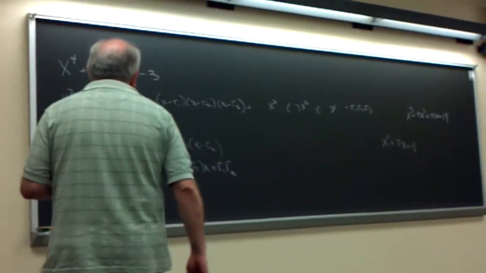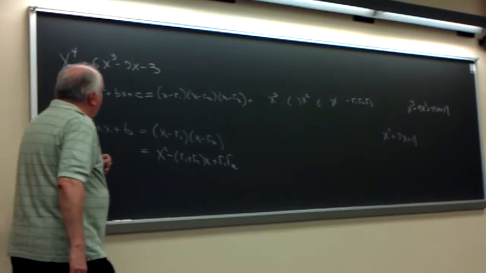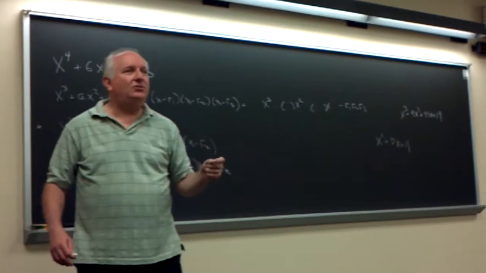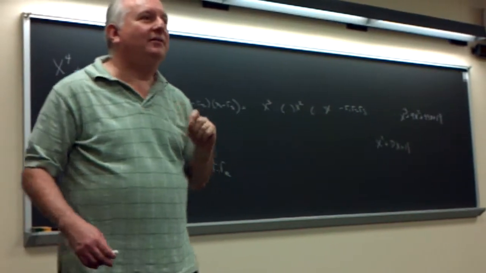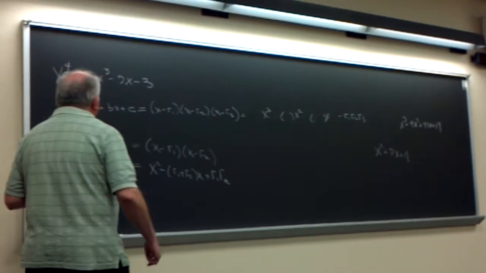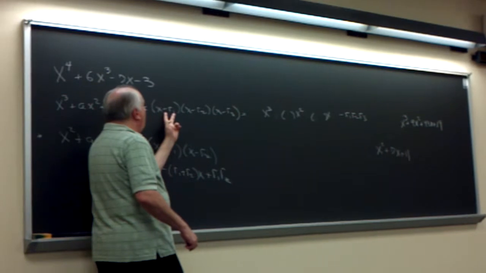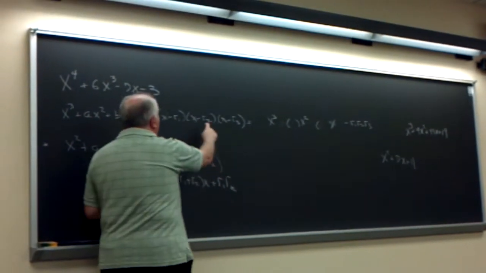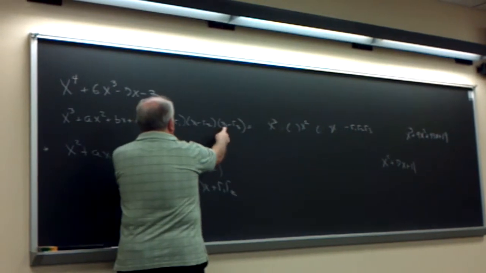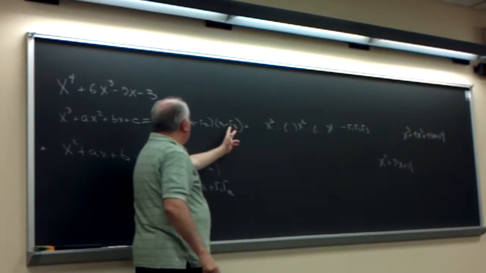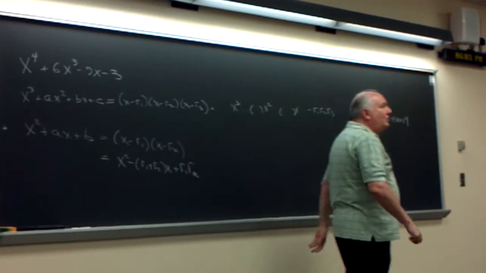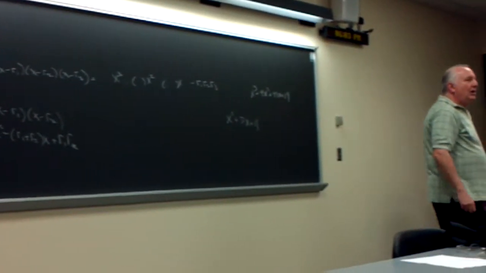So, if it's x squared, what I'm doing is, of the three things, in two of them I'm choosing x. So I can get negative r1 times 2 x's, or I can get negative r2 times 2 x's, or I can get negative r3 times 2 x's. So when I factor out the x squared, it's x squared times what?